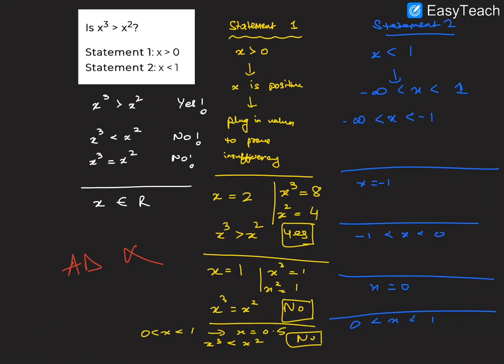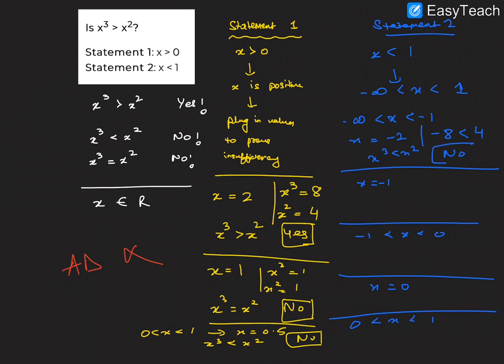Minus infinity to minus 1, what am I having? I can take any number. I can take x is equal to minus 2. So x cube is minus 8 and x square is 4. So I have minus 8 is less than 4, correct? That means it's a no, x cube is less than x square.